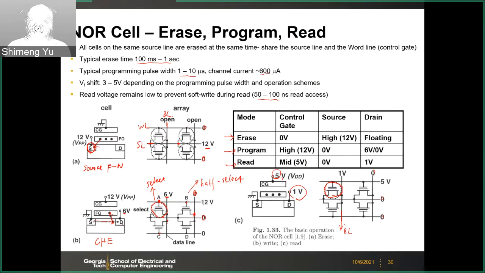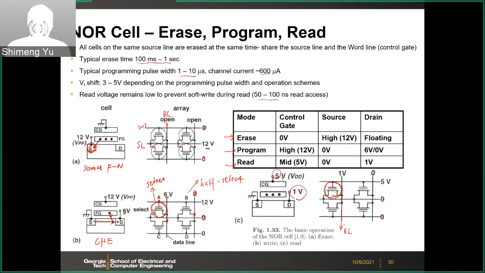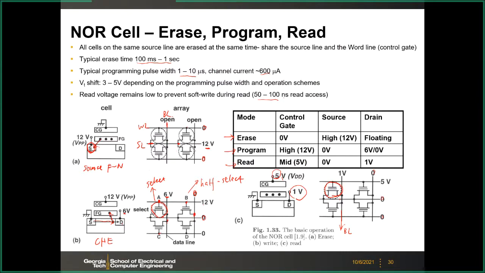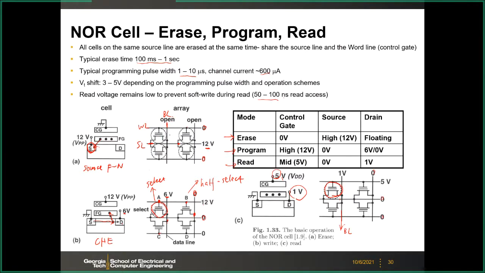In normal NOR flash operation, we always erase the whole section or whole subarray. You may change your program erase condition, but still I think it's hard to have individual erase.